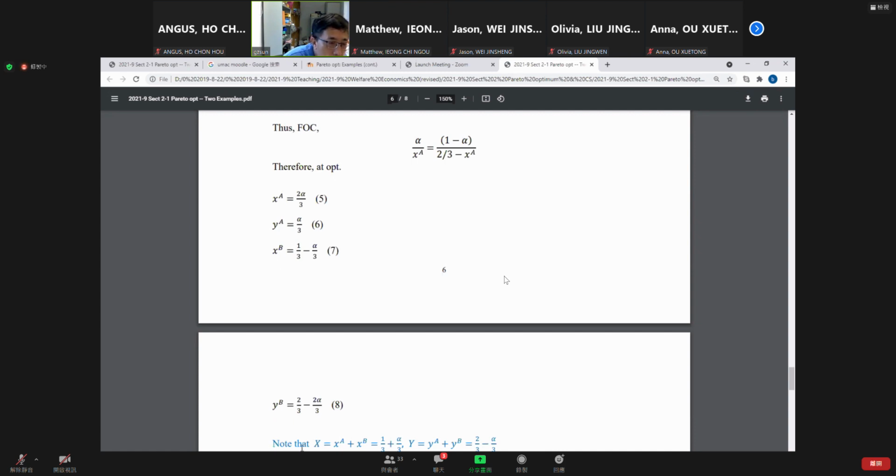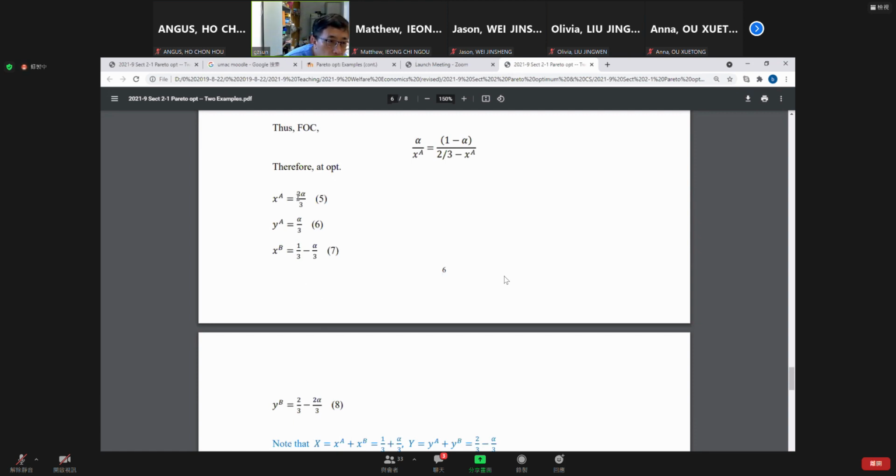Again, turn to social production. How much X we produce, or how much labor we allocate to production for good X, equals XA plus XB.